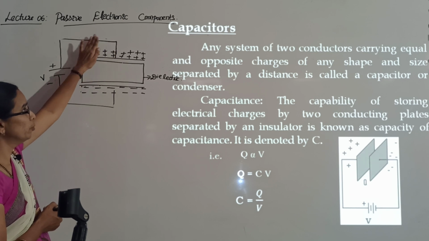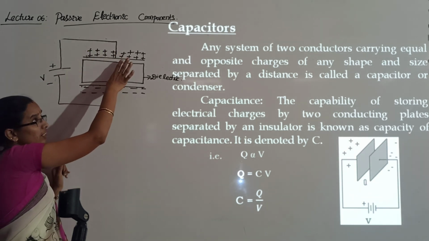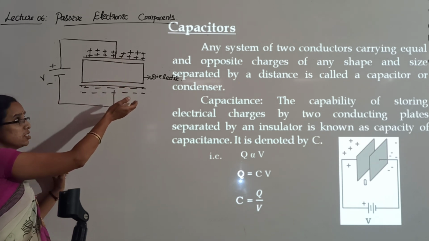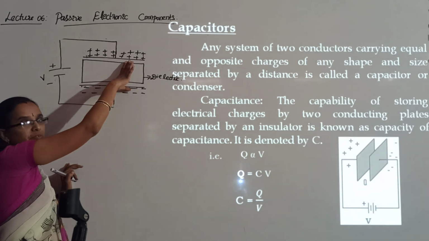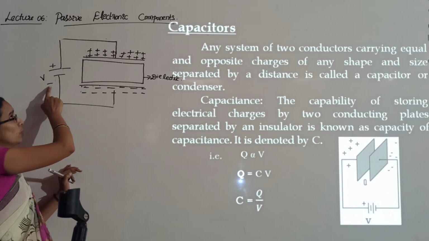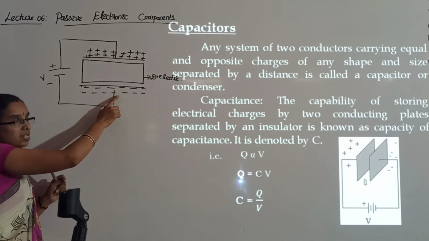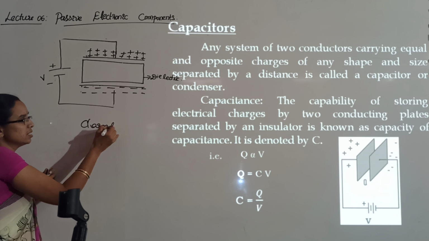The charge movement will be continuous until the potential difference across the plates equals the applied voltage. Once the potential difference between the plates equals the applied voltage, the movement of charge stops, and at that time we can say the capacitor is charged.